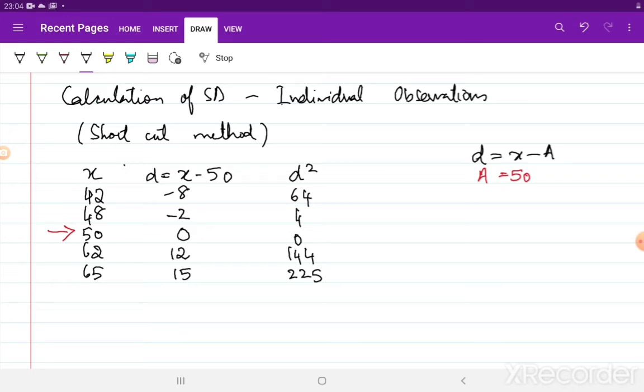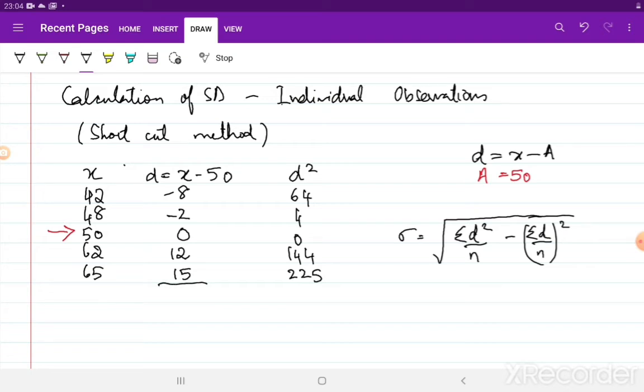Now my formula when you are using the shortcut method is root under summation d square by n minus summation d by n squared. Okay, so I need summation d as well as summation d square.